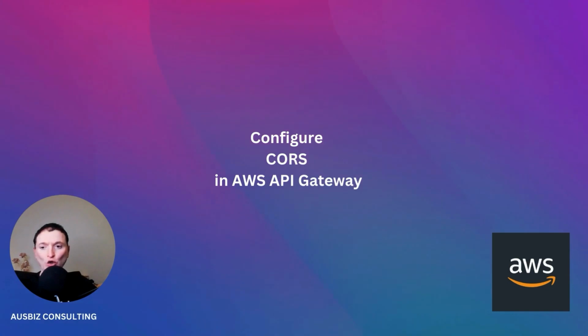CORS, or cross-origin resource sharing, is a security feature implemented by the web browser to restrict web pages from making requests to a different origin than the one from which the current page was served. Now, let's go back to AWS API Gateway page in AWS console and let's configure our CORS.